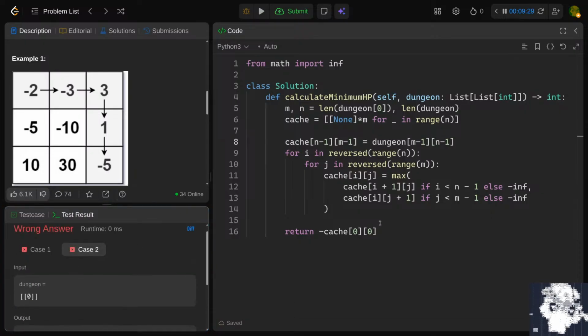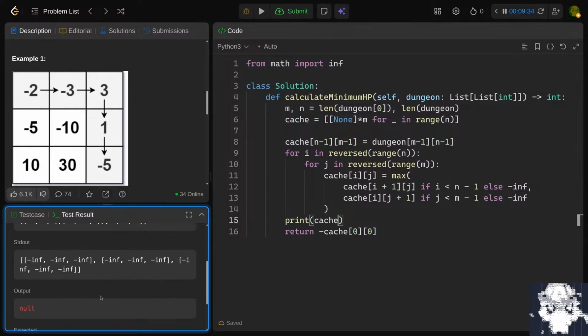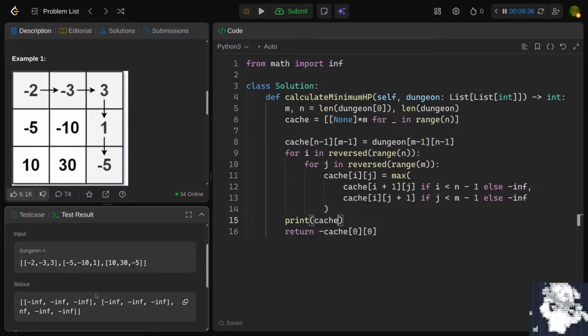I'm getting null. Why is that? Print cache. Everything's negative infinity. How did I pull that off?